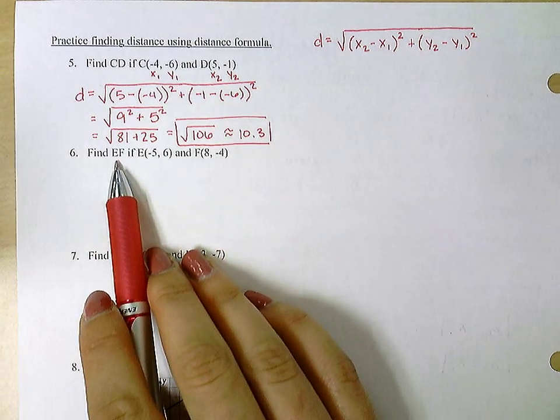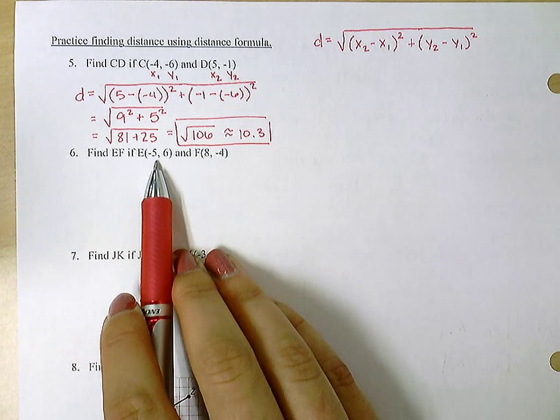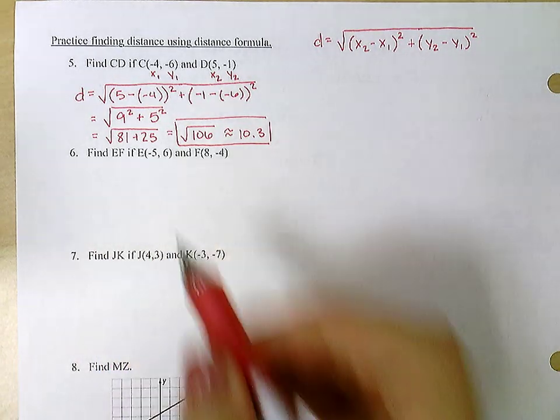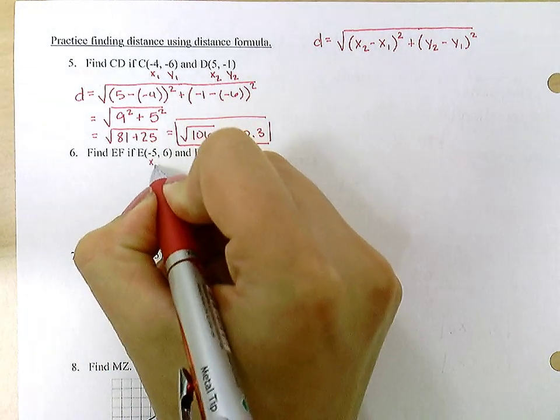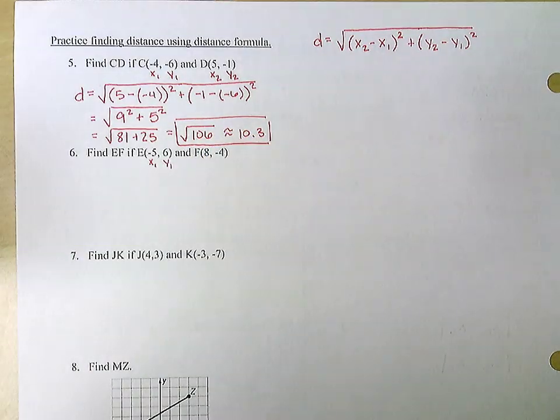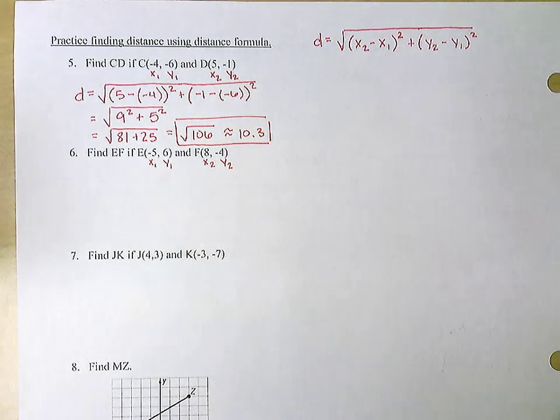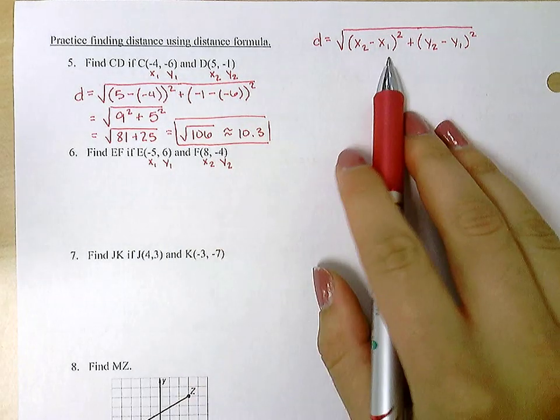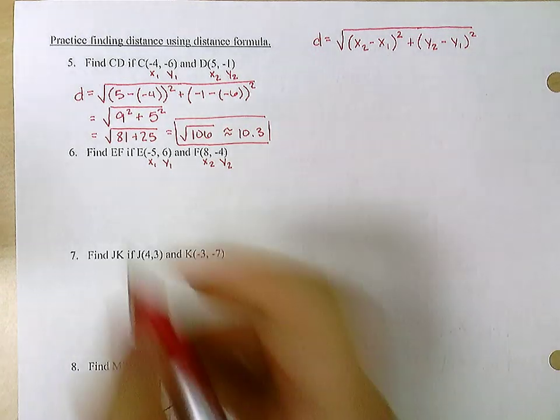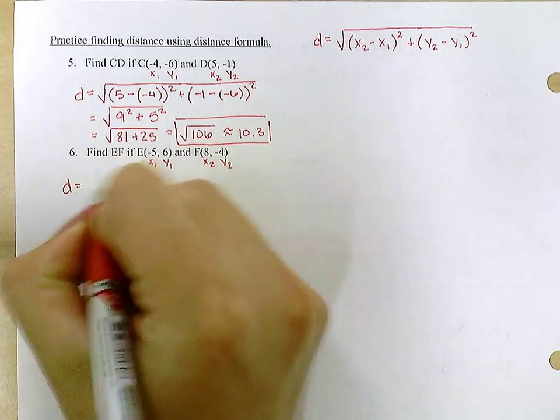We're finding EF. So again, I'm going to label my points. Point E will be x sub 1 and y sub 1. Point F will be x sub 2 and y sub 2. From here, I'm just going to plug those into my formula again. So we're finding the distance.